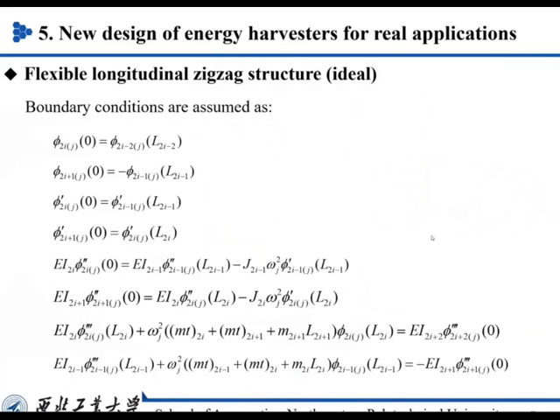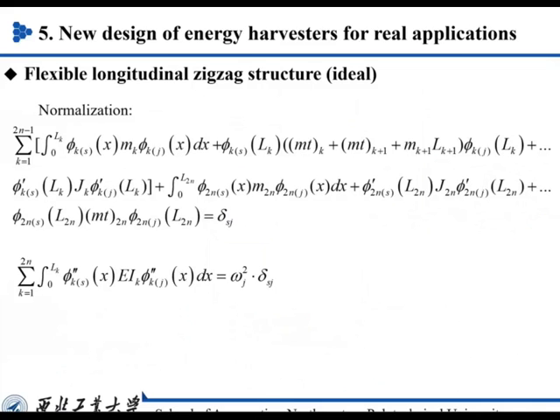We also assume the boundary conditions include continuous displacement, continuous angle, continuous bending moment, and continuous shear force, and we make the normalization of the mass.